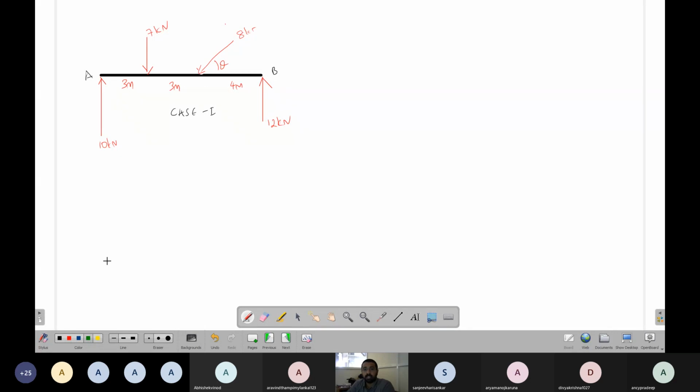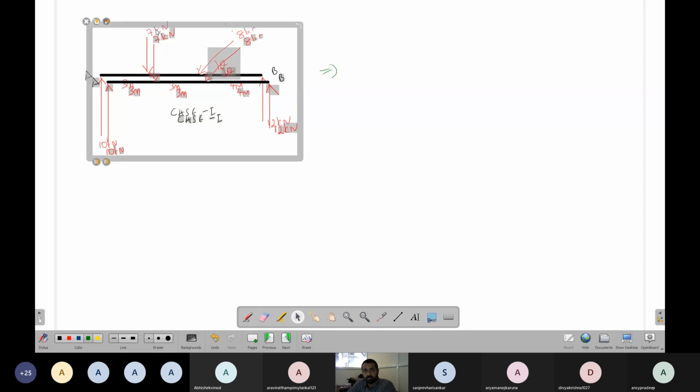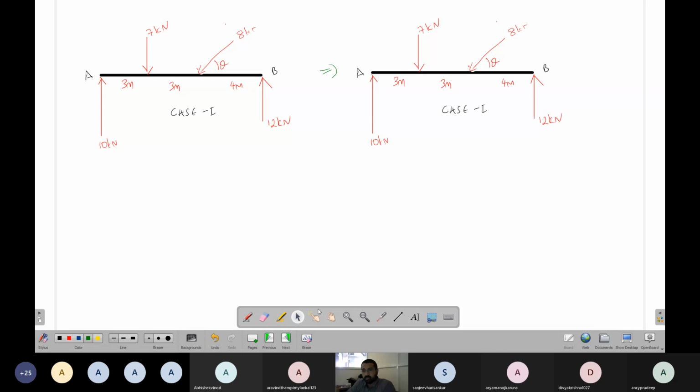If the forces are inclined, you first have to make it simple. Simplify it, then it will be easier for you. Split the force into the x direction and y direction. So this is 8 sin theta, and 8 cos theta.